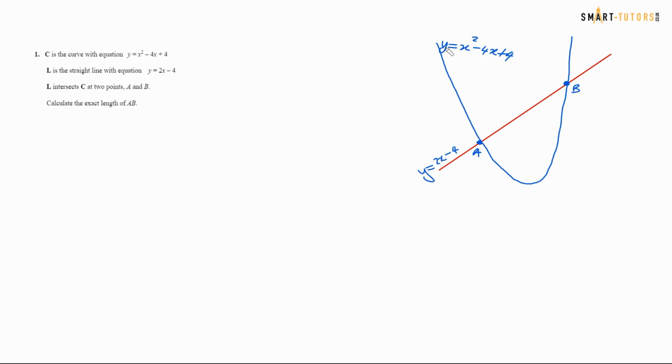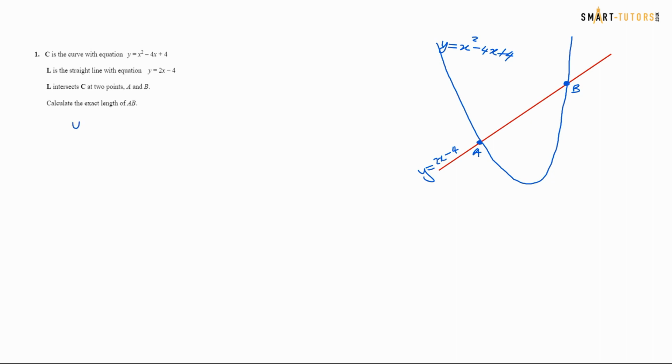So calculate the exact length of AB. First of all, in order to find out the length of AB, we need to find out the coordinates of A and B. So we need to solve both equations and find out the coordinates of A and B. So let's equate both equations.